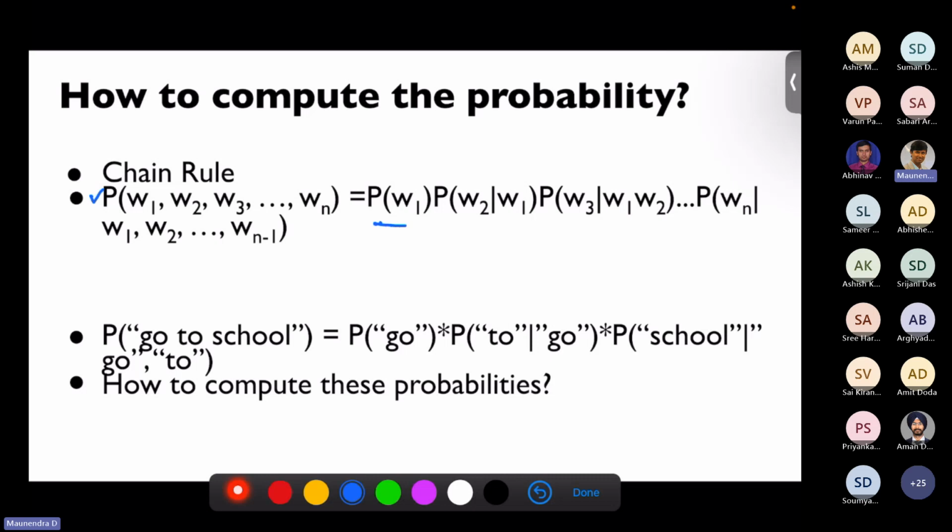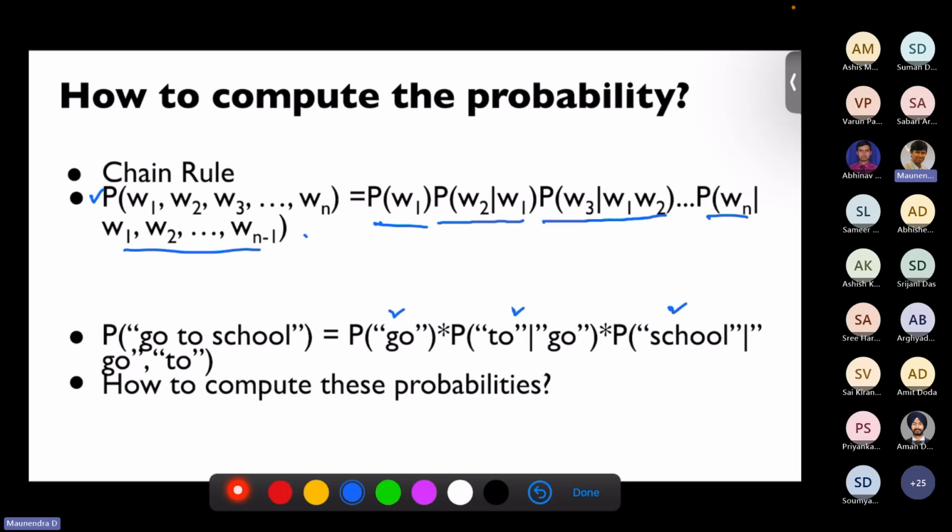So P(W1) into P(W2 given W1) into P(W3 given W1, W2), and like that till we reach the last one. Going by that, the probability of "go to school" would be the probability of go multiplied by the probability of to given go, into the probability of school given go and to.